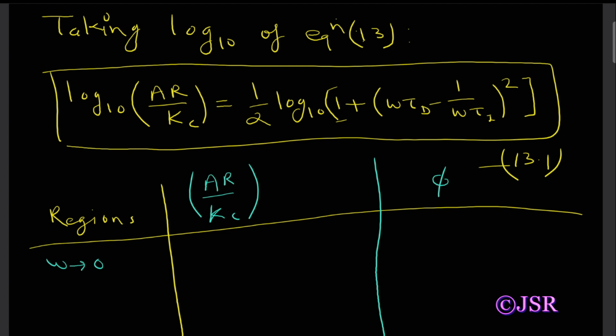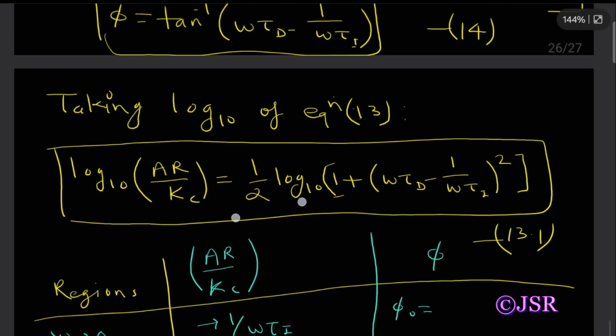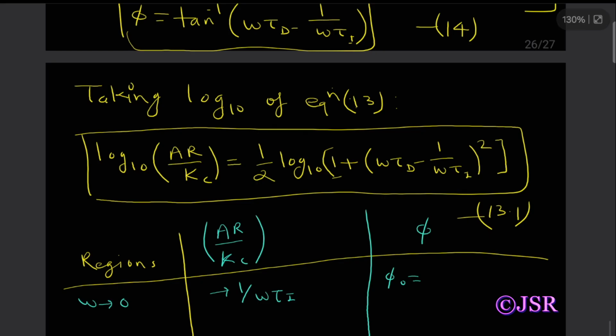So 1 plus omega square tau I square, taking common, so AR by KC will be close to 1 upon omega tau I, and phi 0 will be equal to tan inverse of 0 minus infinity, so 0 minus infinity, so this will be minus 90 degree.